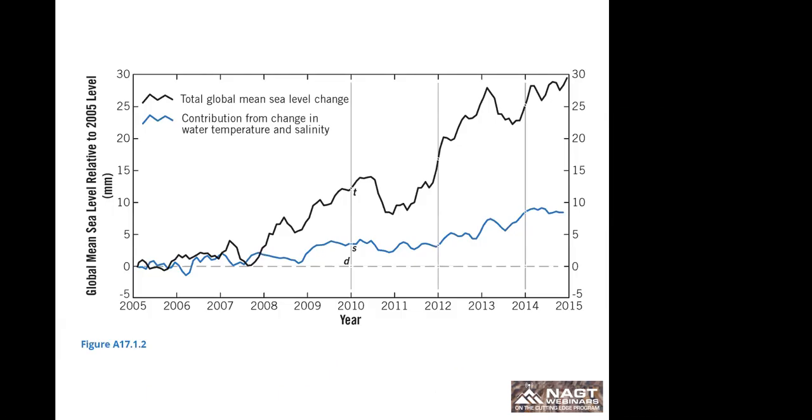Students then work with a time series graph showing total global mean sea level change along the black curve, and the part of that total sea level change that is due to change in water temperature and salinity along the blue curve. The black curve is from satellite radar altimeter data, and the blue curve is from data collected by the Argo robotic floats.